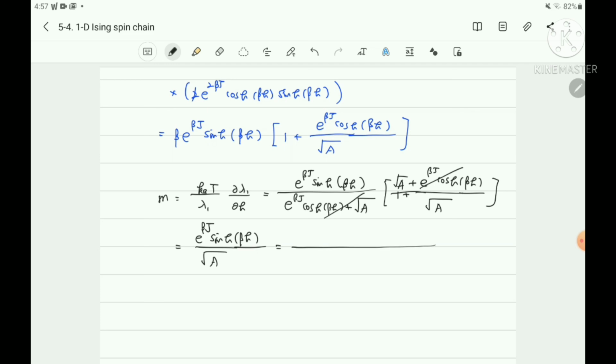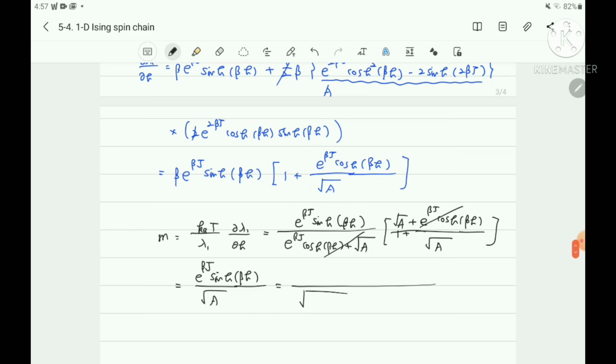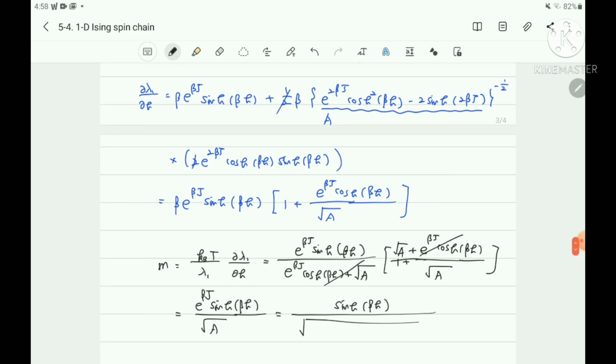In the full expression, the square root a term contains exponential 2 beta j, and if we divide by exponential beta j on both sides, the numerator becomes hyperbolic sine beta h, and in the denominator cosine hyperbolic square beta h minus 2 exponential minus 2 beta j hyperbolic sine 2 beta j.